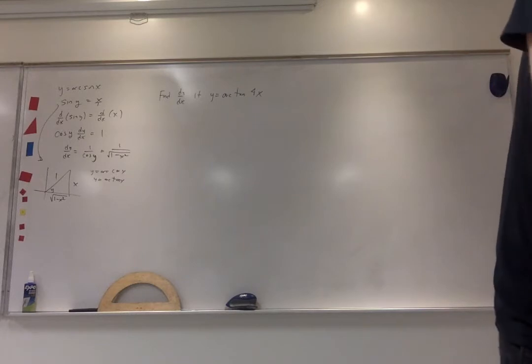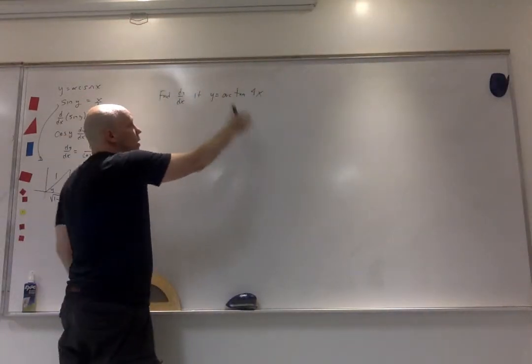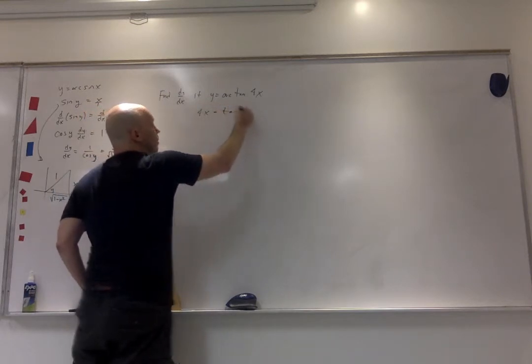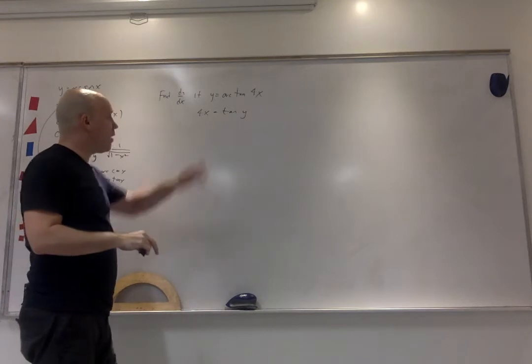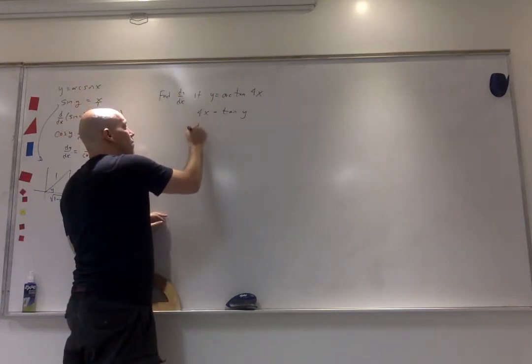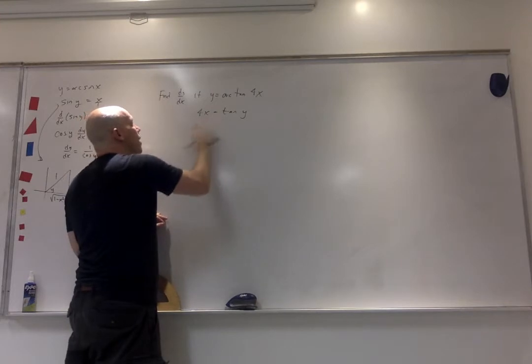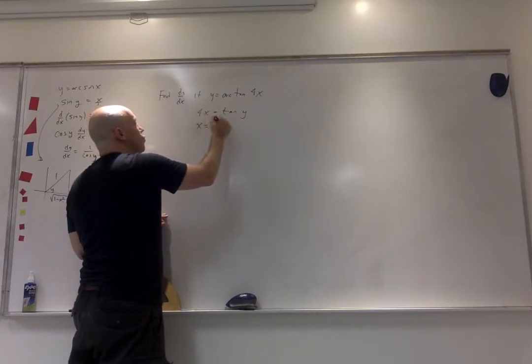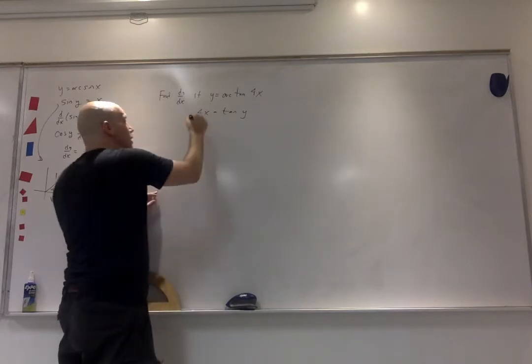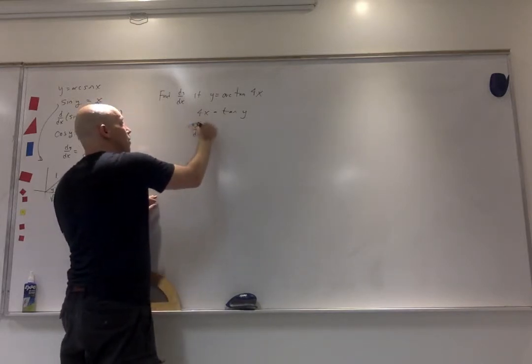So what's going on here? You say, fine, Mr. Adler, 4x equals tan y. You undo the arc. Take the derivative of both sides.